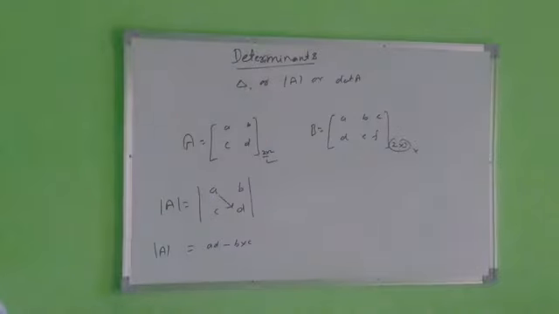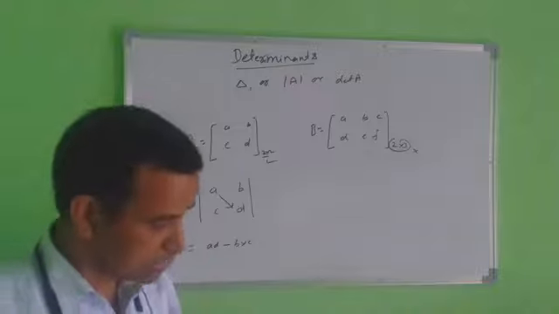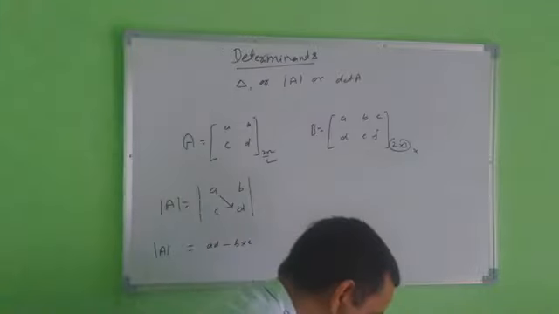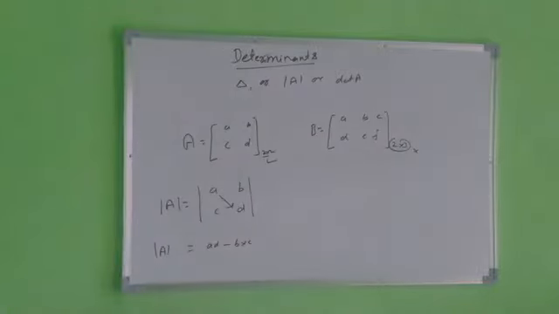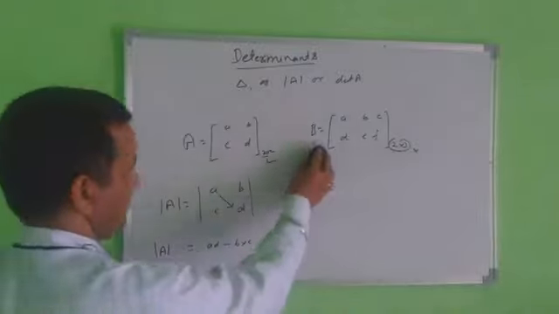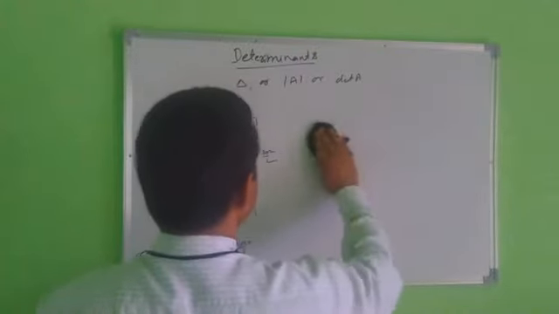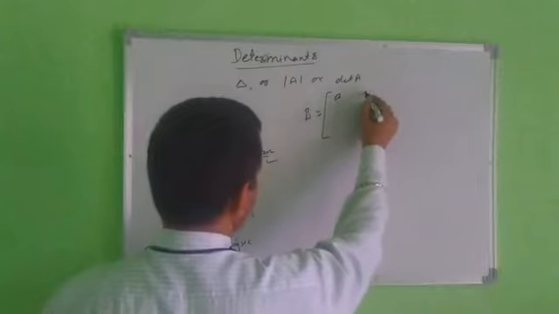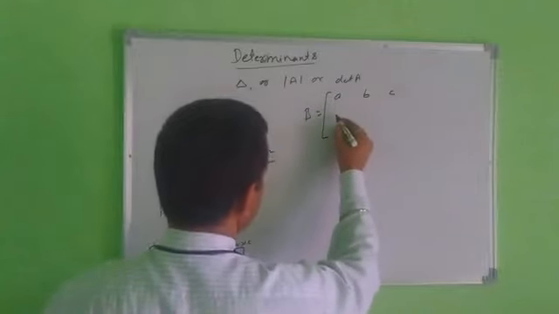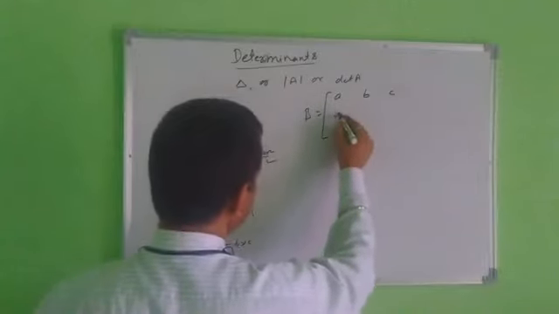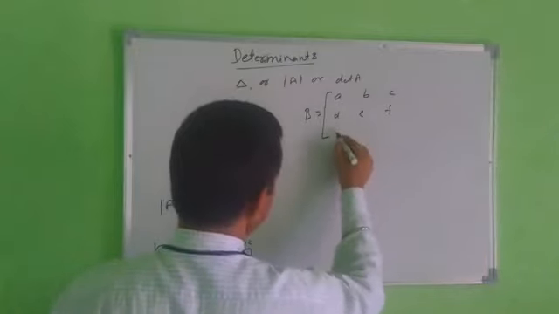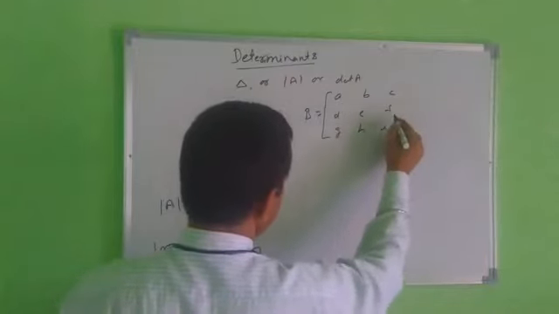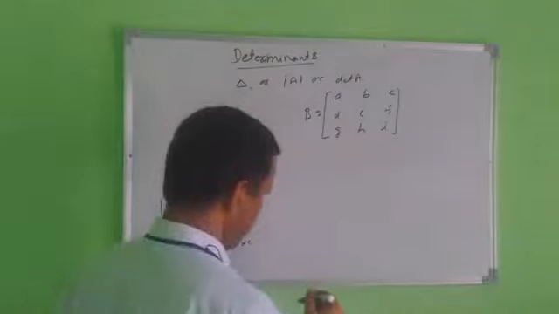Second, how to find the determinant of a 3 into 3 order determinant. Suppose any matrix B is a 3 into 3 order matrix. Suppose A, B, C, D, E, F, G, H or I are the elements of the matrix.